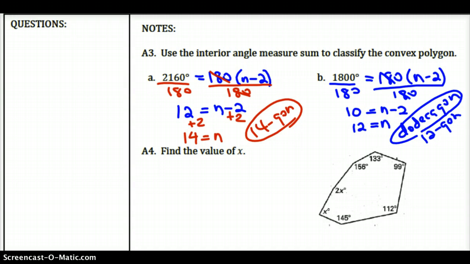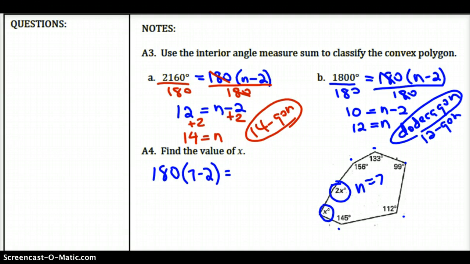Problem here. Try to figure out the convex polygon's value for x. Again, I'm going to count 1, 2, 3, 4, 5, 6, 7 angles, so n equals 7. Very important, because the total degrees will be this. And now if I've got my 2x terms here, that's 3x altogether.